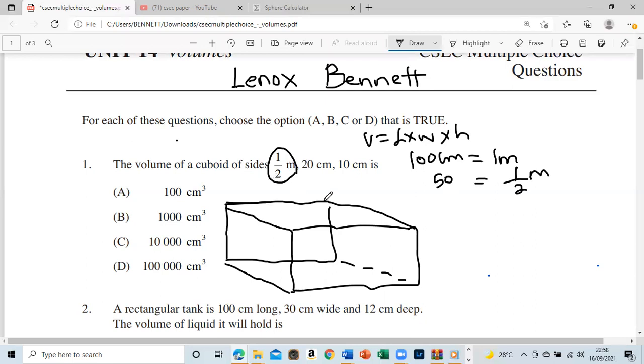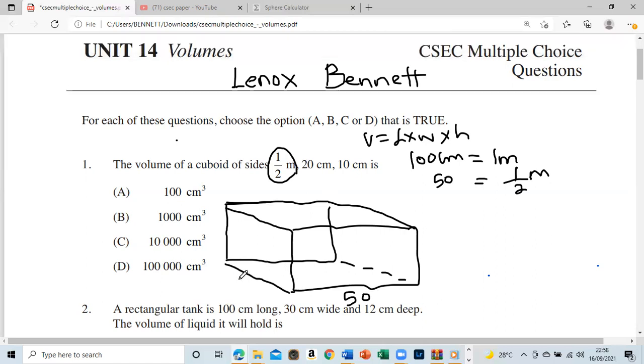So we're going to find the area of the base. They never specified, so we could call this 50 centimeter, this one is 20, and the height is 10. It doesn't really matter because they didn't specify. So all we do is multiply these three: 50 times 20 times 10.